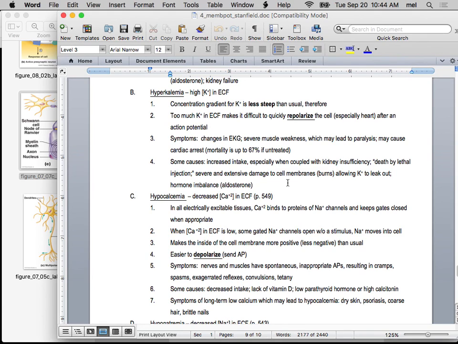That's how that works. There's also another interesting, clinically relevant hyperkalemia thing, and that is that if you are a burn victim, you have severe, massive damage to your cell membranes, a whole bunch of them. Let's say I've got third-degree burns over 80% of my body, right? One of the many, many ways that you are at risk of death is because if you damage that many cell membranes, then what happens to all of that intracellular potassium?